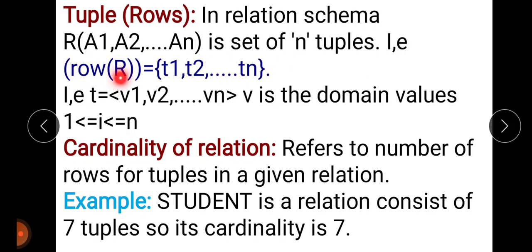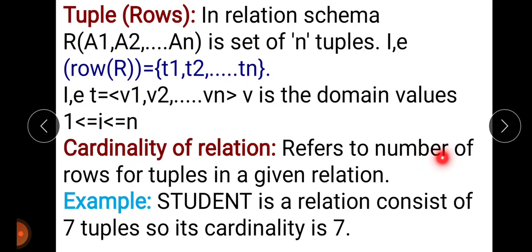That is, r(R) equals t1, t2 until tn, where each tuple takes many values, that is, each tuple t equals (v1, v2, ..., vn), where v is a domain value, with 1 less than or equal to i less than or equal to n.